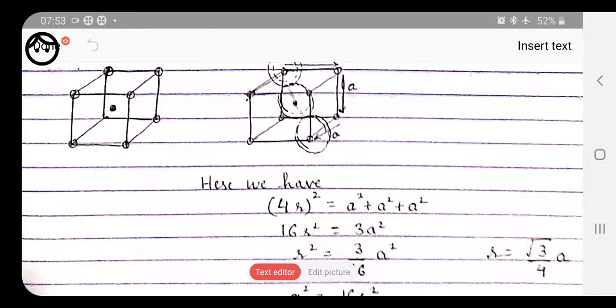We know that in the solid state, constituent particles are very closely packed with one another. Because of this close packing, we have the rigid structure of a solid. But how efficiently these constituent particles are packed in any solid is called the packing efficiency of the solid. That we will discuss in the next class.